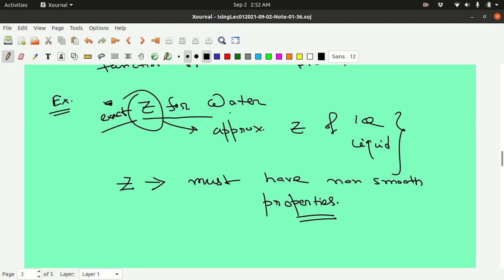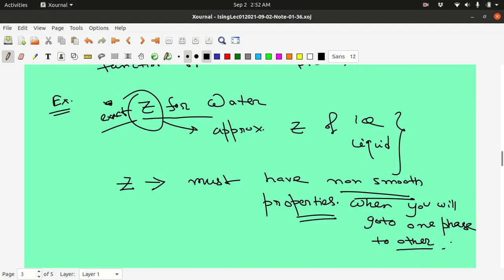That discontinuity should be incorporated in the partition function, and it will show non-smooth properties when you go from one phase to the other. There will be some temperature and pressure associated with the phase transition, and the partition function will show these non-smooth properties.